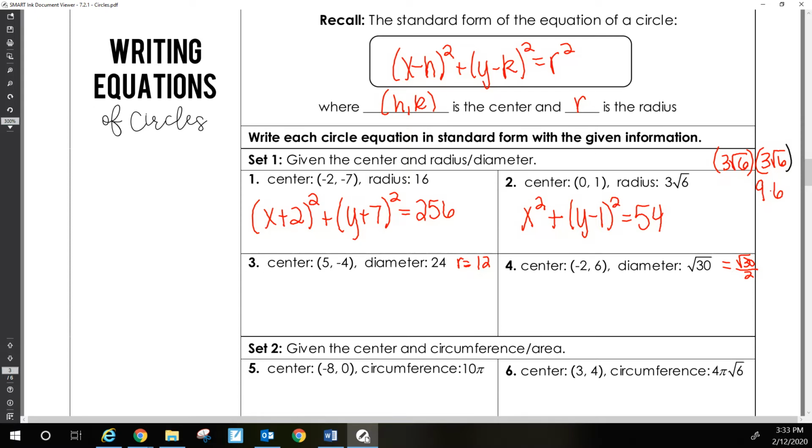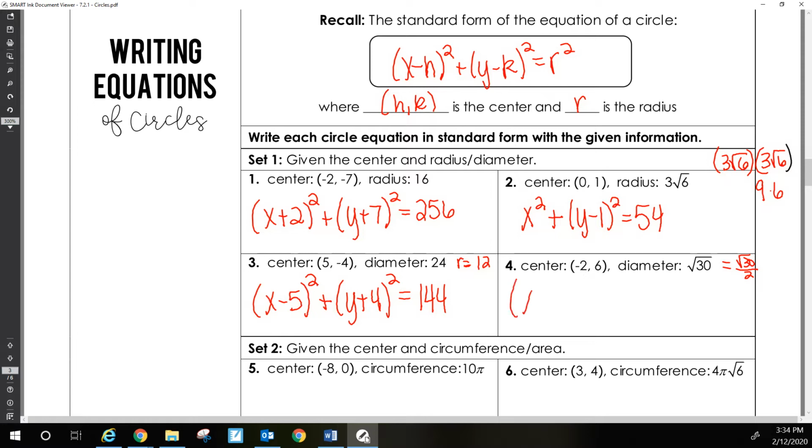All right, number 3 is (x minus 5) squared plus (y plus 4) squared, right? Change your sign. Is equal to my radius squared. 12 squared is 144.